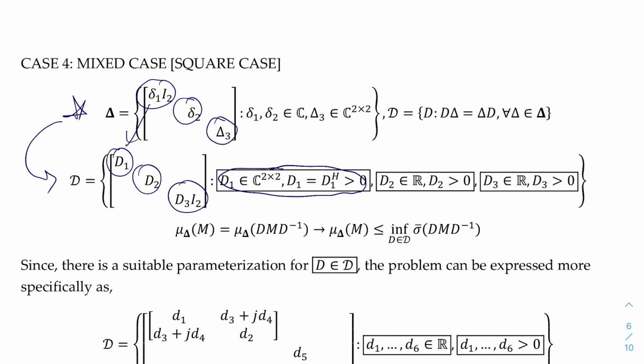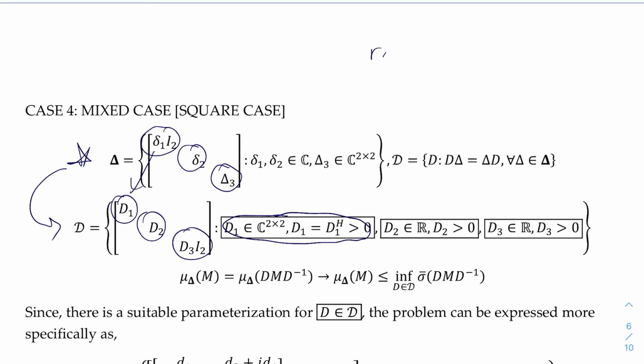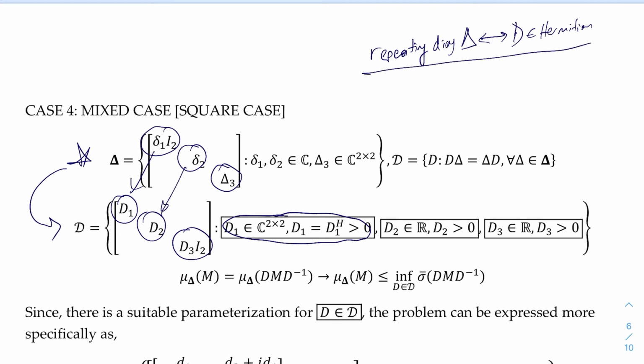For a diagonal delta, D is diagonal and real.